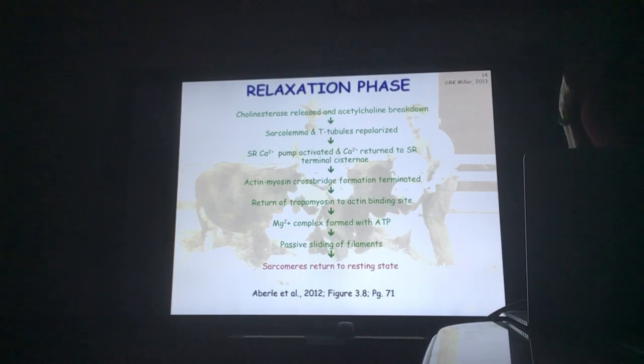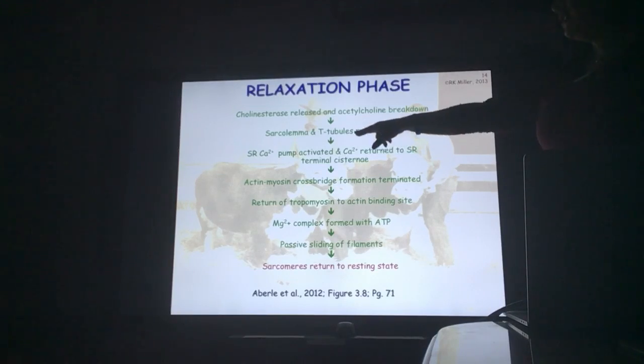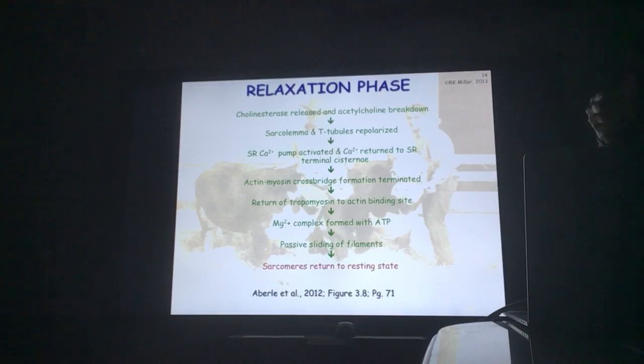The sodium concentration is then reestablished with an ATP pump, just like in the axon ending, to be higher on the outside, lower on the inside. When that happens, the action potential is stopped, and the sarcolemma and the T-tubules go back to rest, or repolarized.